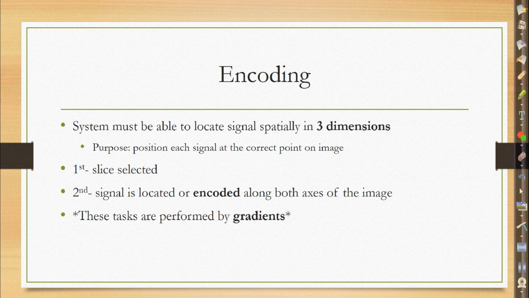So we have the slice, now we need to encode our signal in the phase direction and in the frequency direction. Usually the frequency direction is going to be the longer axis of our image. So on an axial brain, which is the longer direction? A to P or right to left?